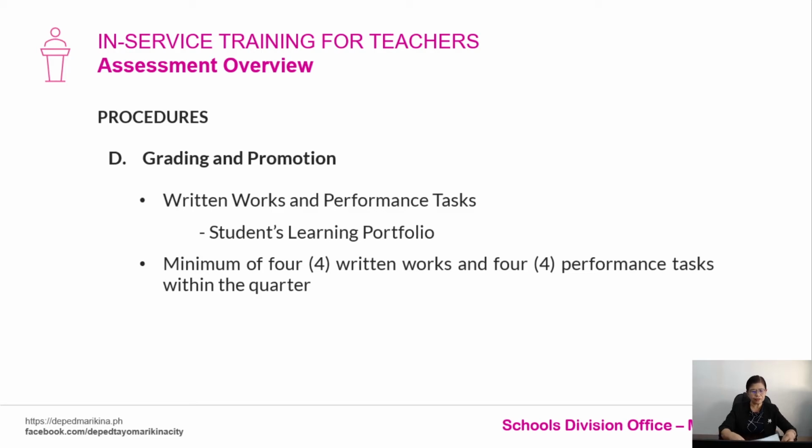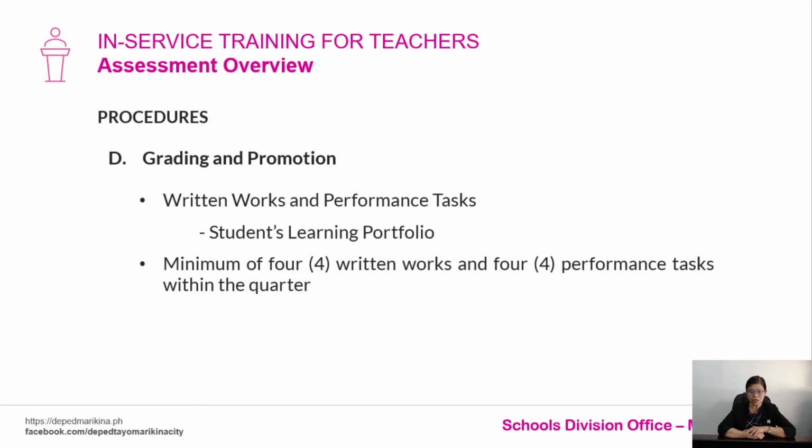Okay, and of course, part of the assessment is also the grading system. The grading system is also different from what we have in the DepEd Order number 8 series of 2015. For this interim policy guidelines, we have only two, again, as mentioned earlier, the written works and performance tasks.